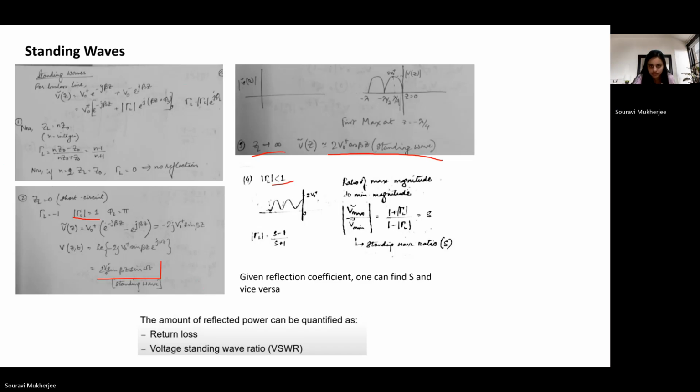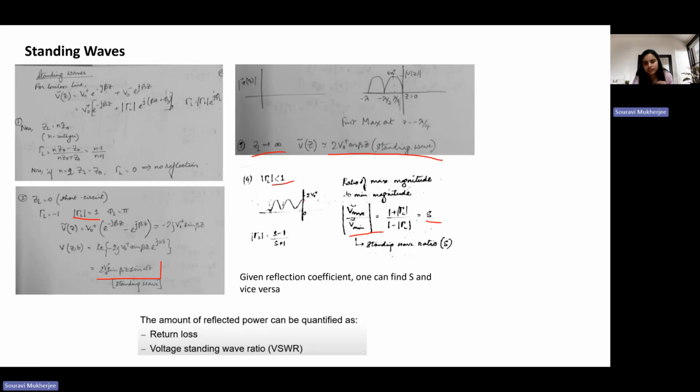And there you can understand that the maximum voltage will be slightly lower than 2 V naught, and the minimum voltage will be slightly larger than 0, right? So it's the ratio of these two, the max voltage to the min voltage, that gives you the standing wave ratio. Okay. So this is the resultant voltage of the standing wave.